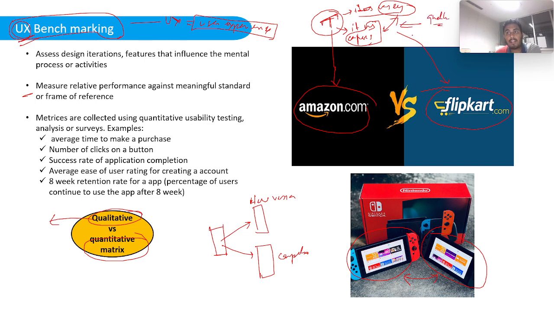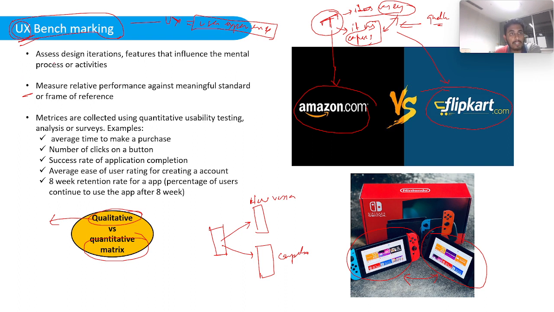And if we define our qualitative metrics, at that time we are actually biasing the user to give the information we are looking for. That's why instead of qualitative testing, we do quantitative testing in UX benchmarking.